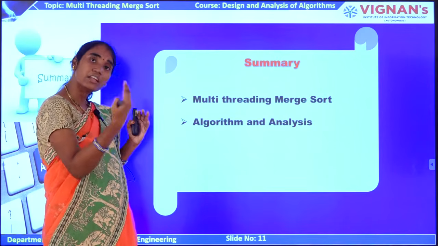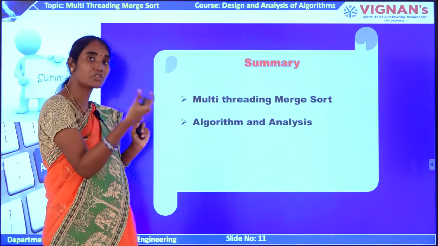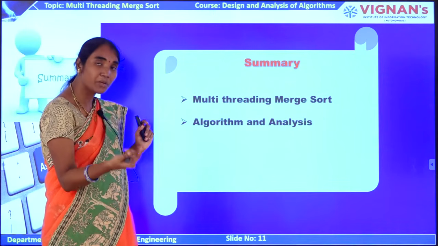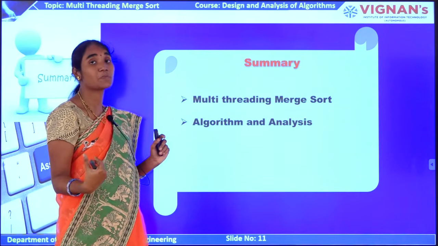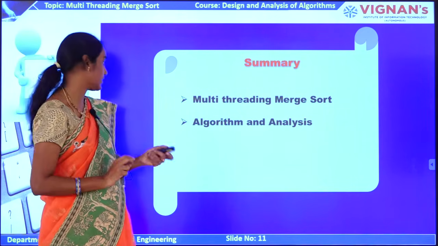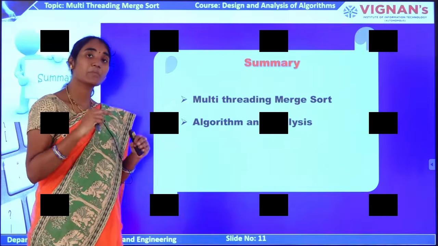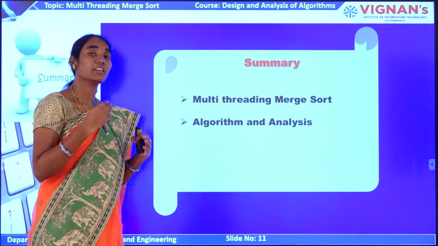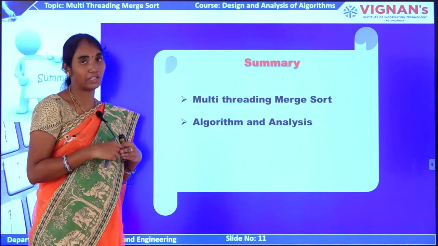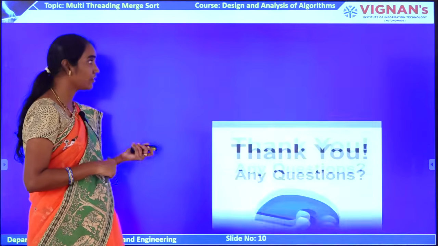The first thread applies merge sort on the first list, thread B applies merge sort on the second list, whereas thread C combines these two lists, right? And also we have seen the analysis part: the previous merge sort, which uses the divide and conquer strategy, has time complexity theta of n log n, whereas now it is reduced to theta of n, right? Thank you.